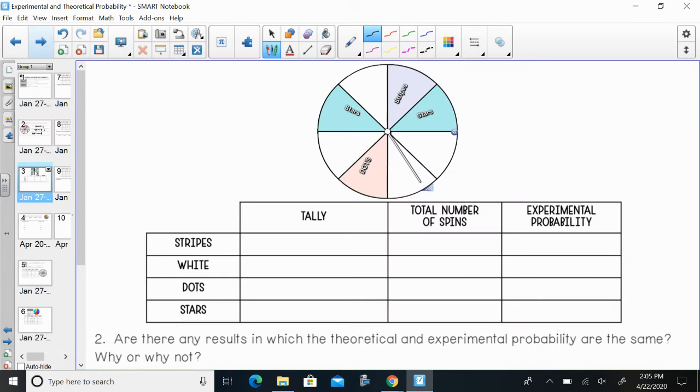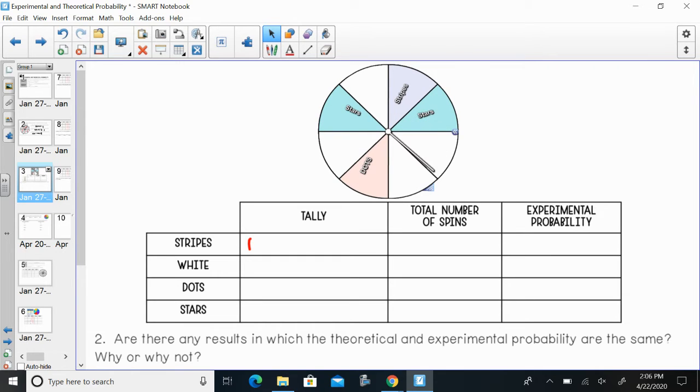All right. So next I'm actually going to conduct the experiment. It said that we're going to spin the spinner 10 times. So let's see if I can spin this spinner up here. I'm going to do one spin. And as it goes, it's got stripes on the first try. I'm going to tally mark what it gives me.